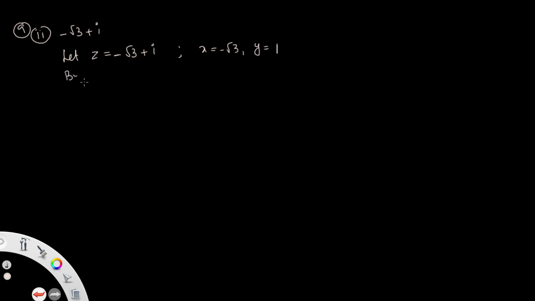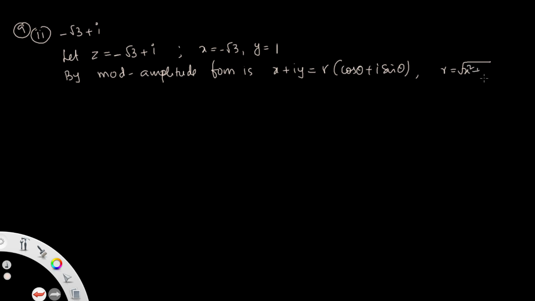So the modulus amplitude form is x plus iy equal to r into cos theta plus i sin theta, where r equals root over x square plus y square, and theta: if x is positive, theta equals tan inverse y by x. If x is negative, x is less than 0, theta equals pi plus tan inverse y by x.